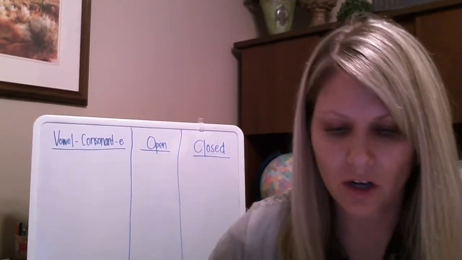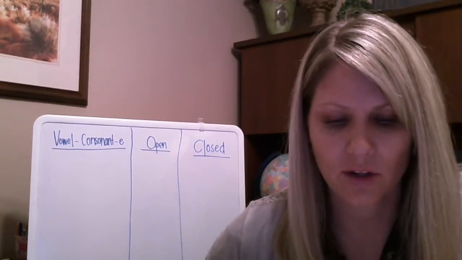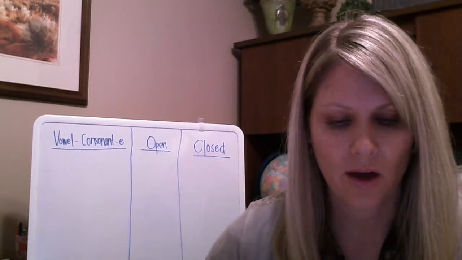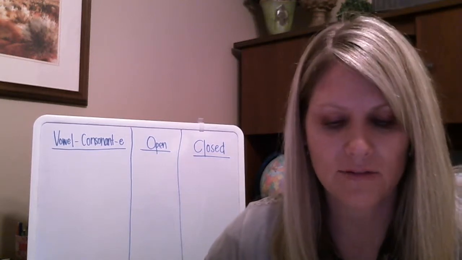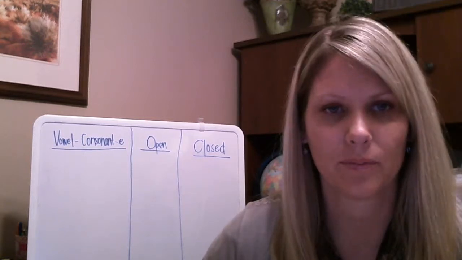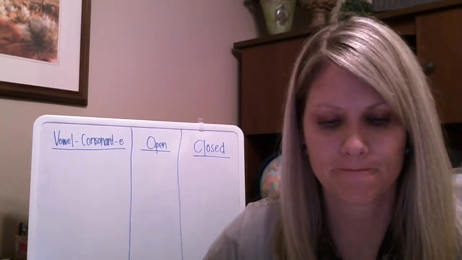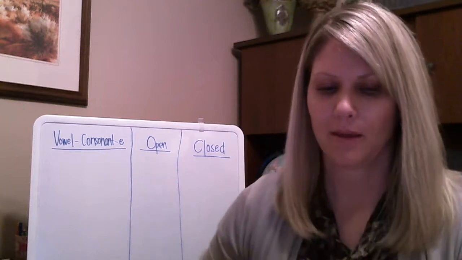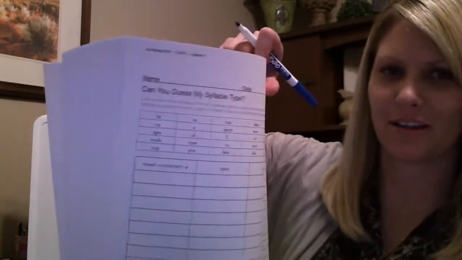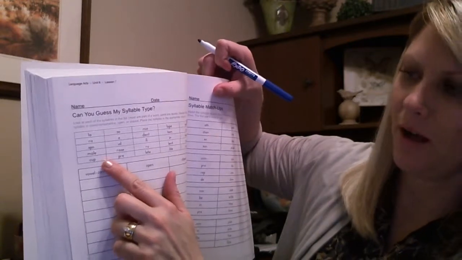So if we look in the box, right away you can find the vowel, consonant, E words, okay? So look on your page, and if you look down the first row, see if you can find a vowel, consonant, E syllable. Okay? And right away, in the first column, oh, my book's not cooperating. As I go down the row, I can see male, M-A-L-E.